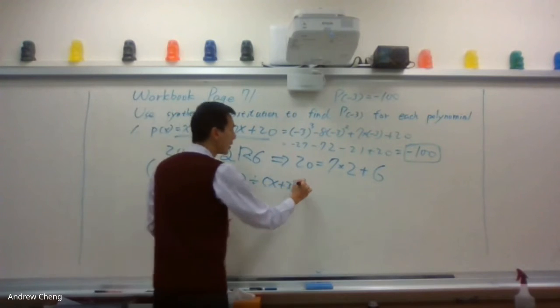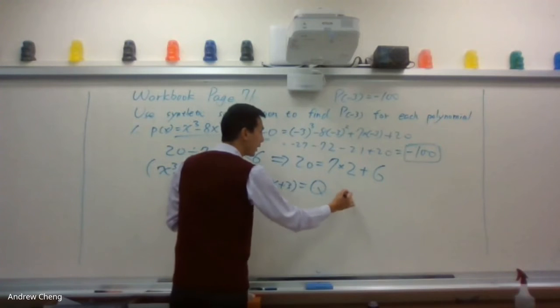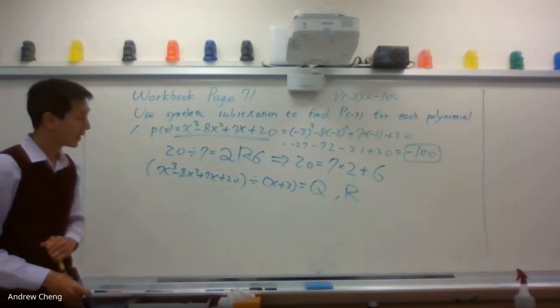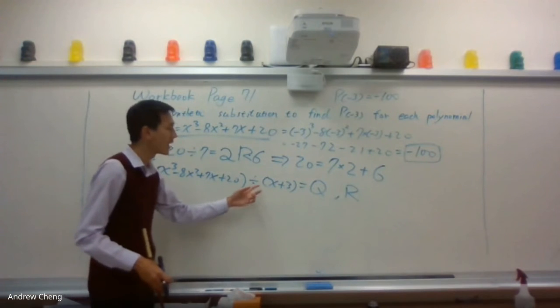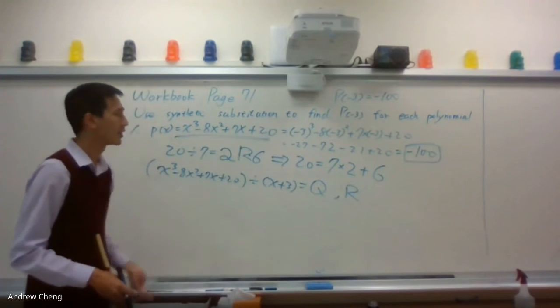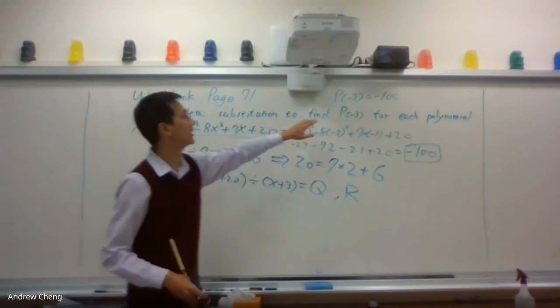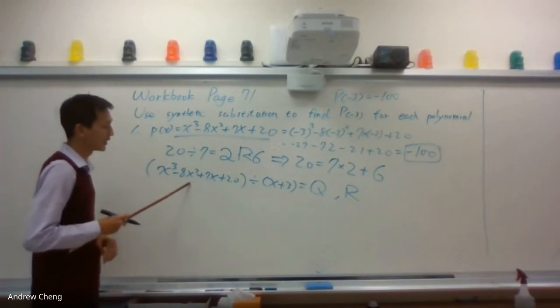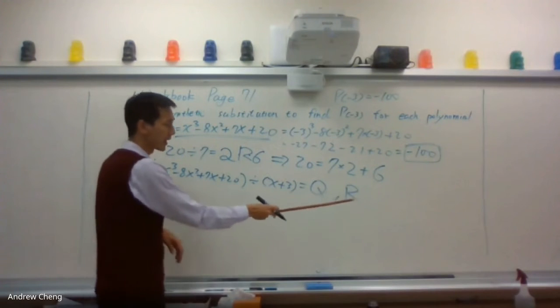Then I will get a quotient and a remainder. I'm going to explain why I need to use this method, how it helps us find this easier.